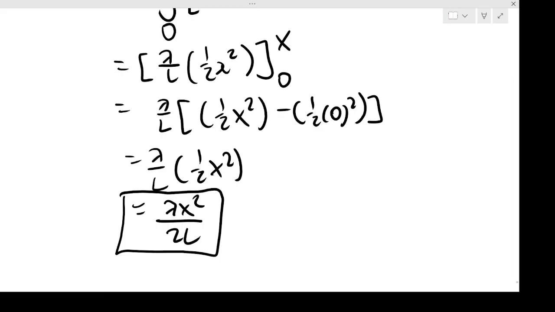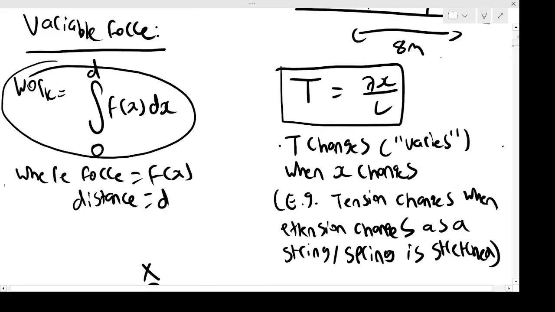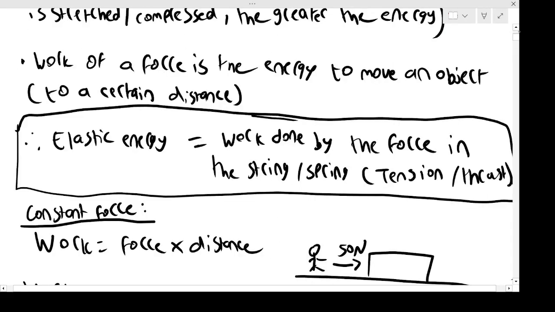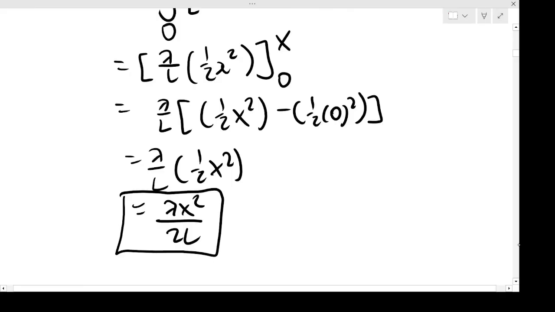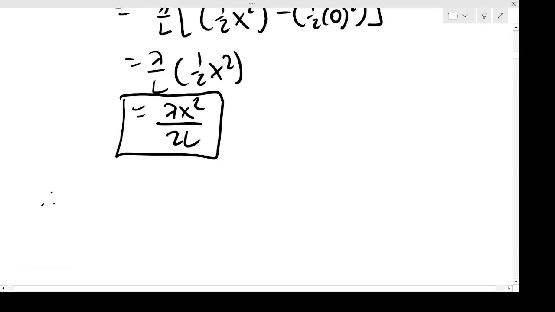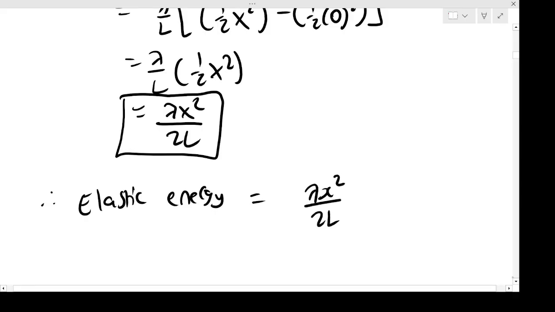And as we discussed, the work done by the force in the string is the elastic energy in the string. So therefore I can now conclude that the elastic energy we can calculate via this formula, which is lambda X squared over 2L. Okay, and there we are.